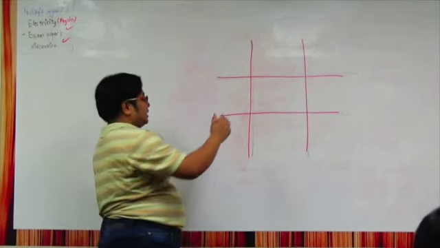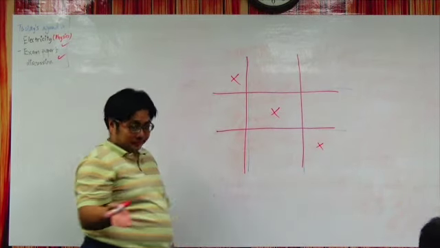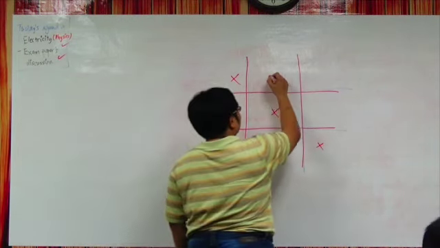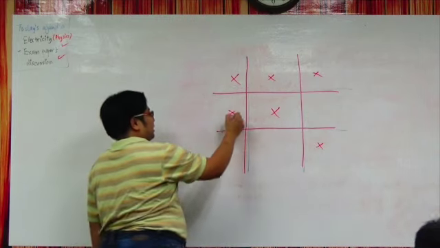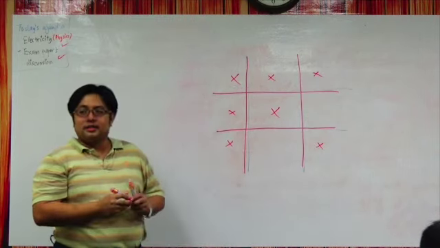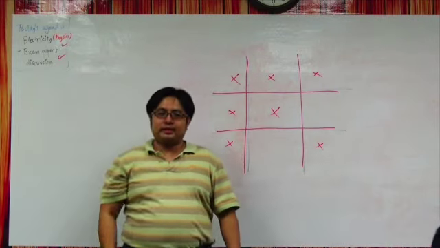How does this work? If you get 3 diagonal, you win. Horizontal, you also win. If you get 3 vertically, you also win. Okay.